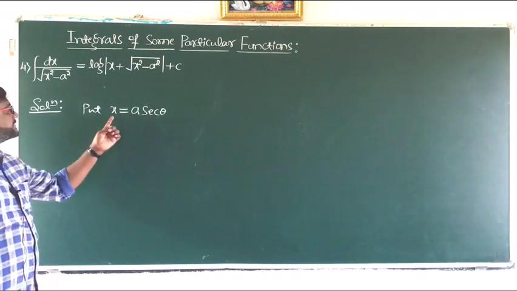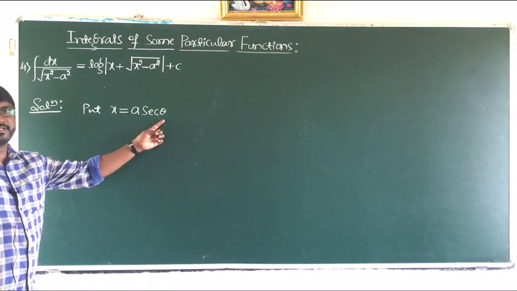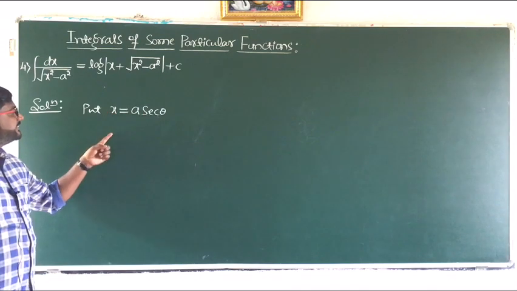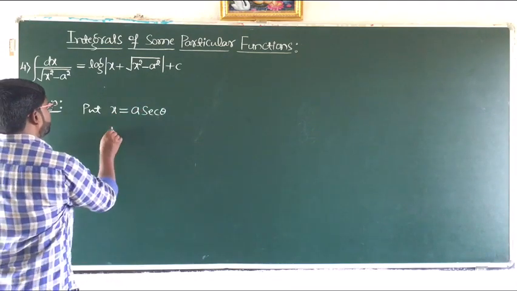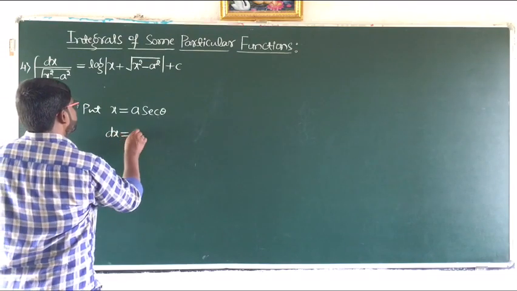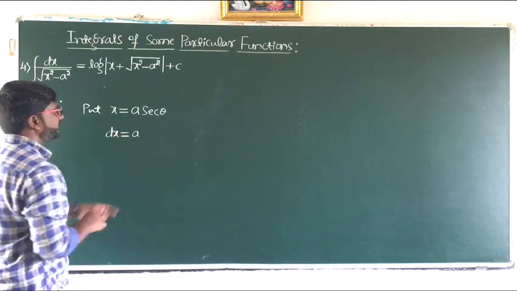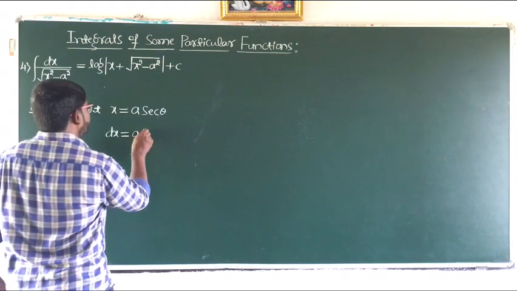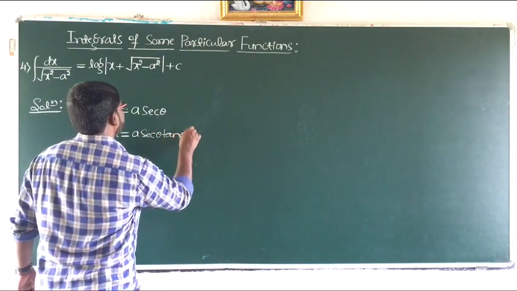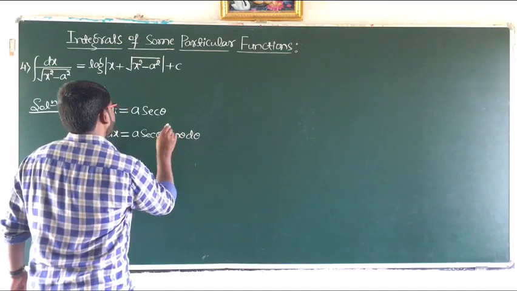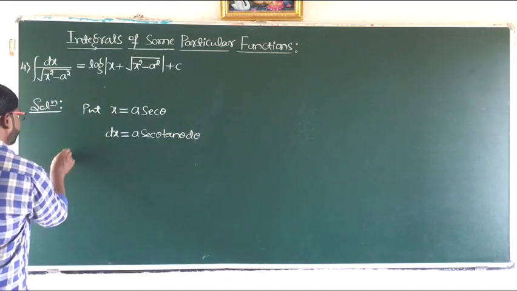So keep this in mind. Now differentiate both the sides with respect to theta. Here we get dx by d theta. I take d theta to the RHS. So here we get dx equal to a, which is a constant, written as it is, then the derivative of secant theta, which is secant theta into tan theta d theta. So let us rewrite the integrand.